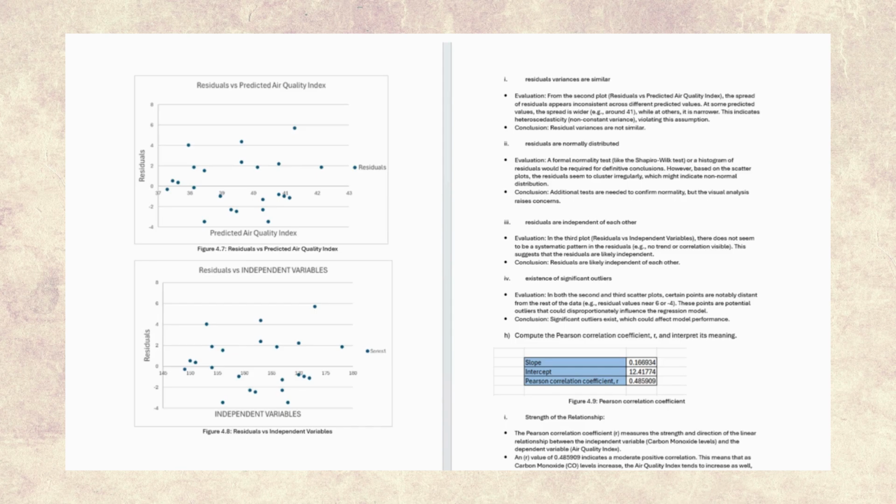For the residual variance, evaluate from the second plot, residual versus predicted air quality index. The spread of the residuals appears inconsistent across different predicted values.